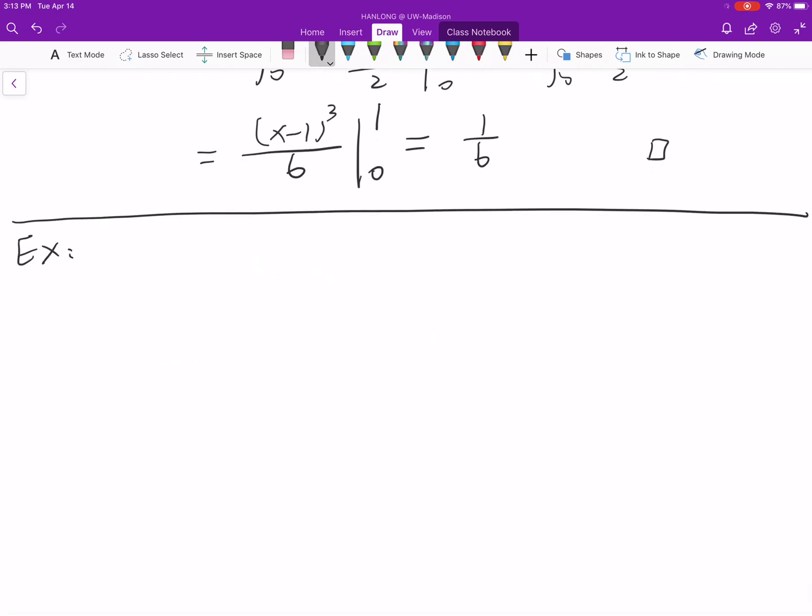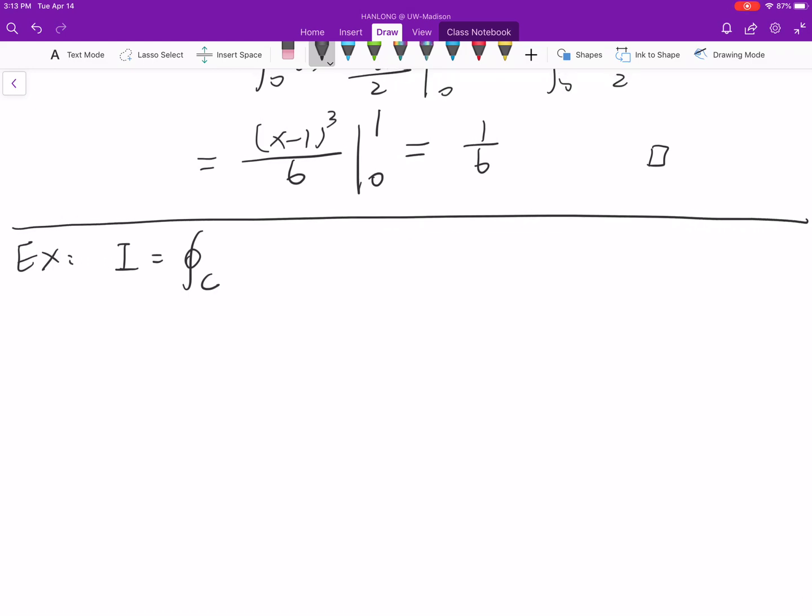Okay, now another example is the following. Let's compute. Here this is a notation you use when you want to indicate C is a closed curve.